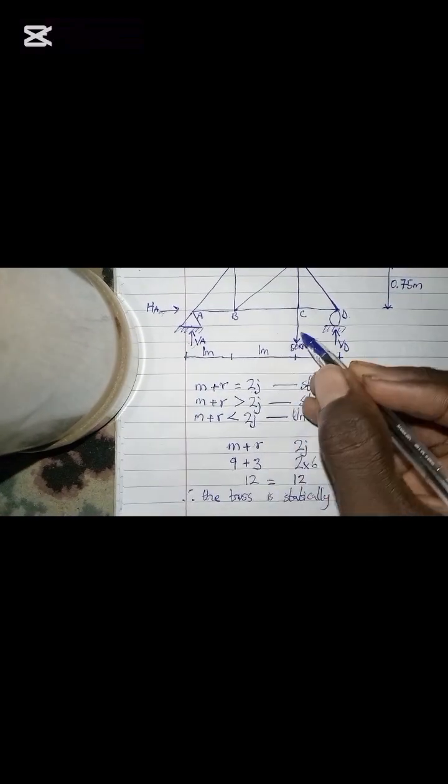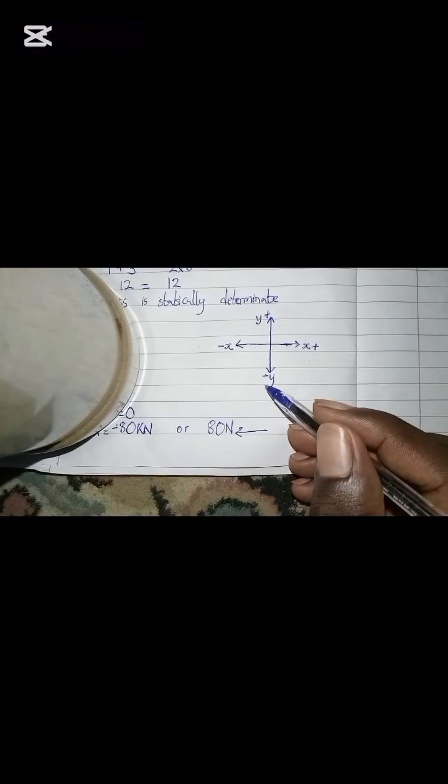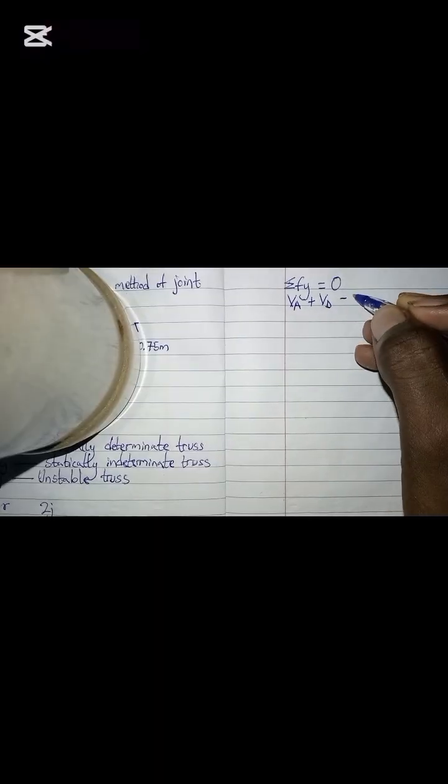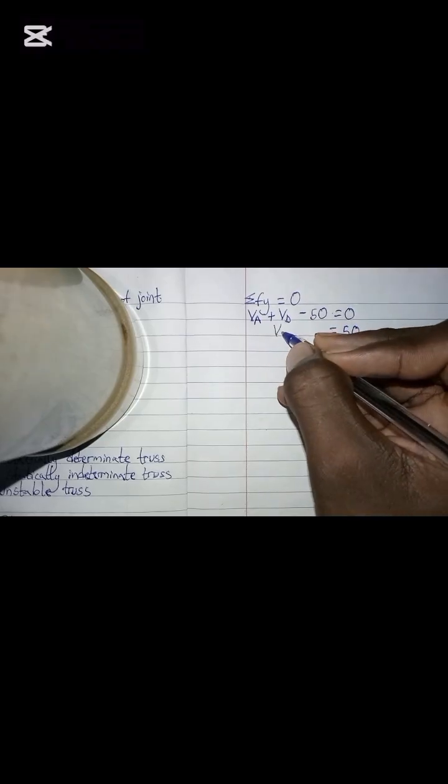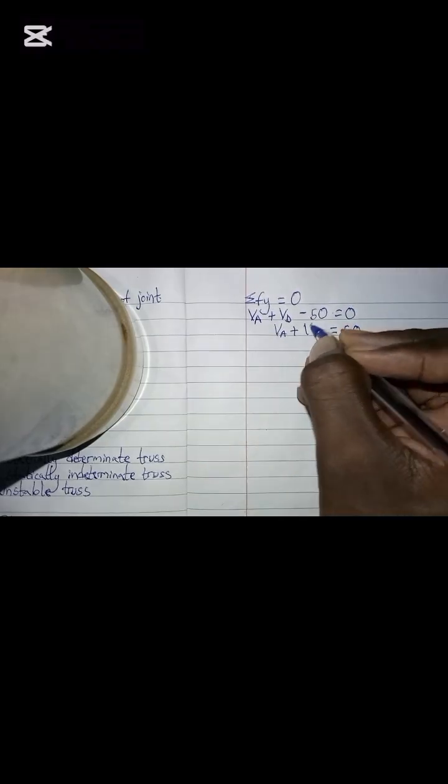Then we have 50. This force is pointing downwards, so it falls under the negative sign: negative 50 equal to 0. The 50 will cross the equal sign to be 50. So let's bring our VA plus VD.